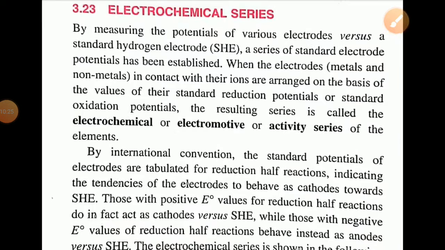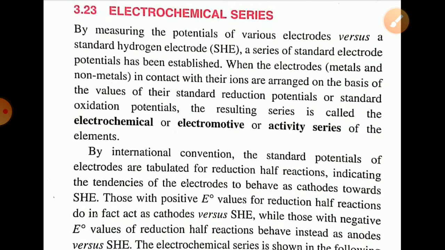Now next, the electrochemical series. Electrochemical series is the series of chemical species which participate in electrode reactions. That reaction may be with respect to oxidation or reduction. By measuring the potential of various electrodes versus the standard hydrogen electrode, that is SHE, a series of standard electrode potentials has been established.